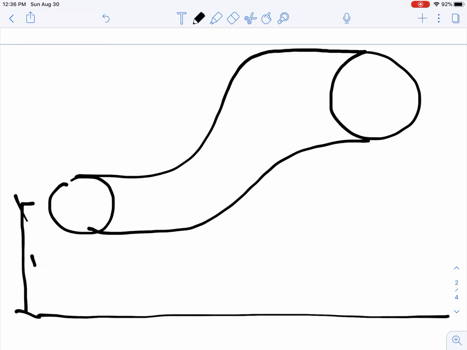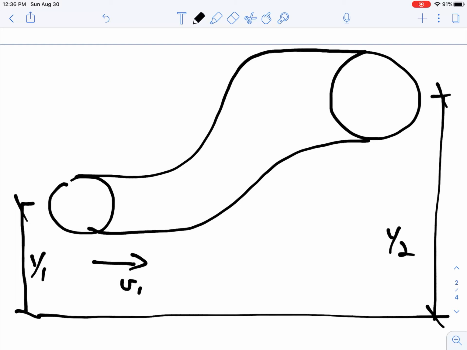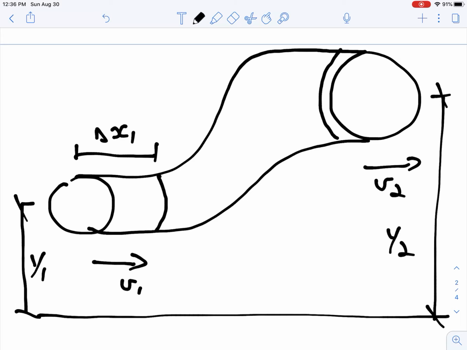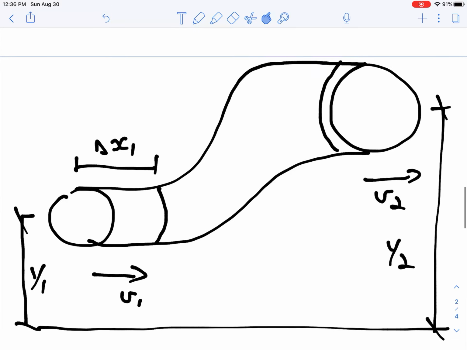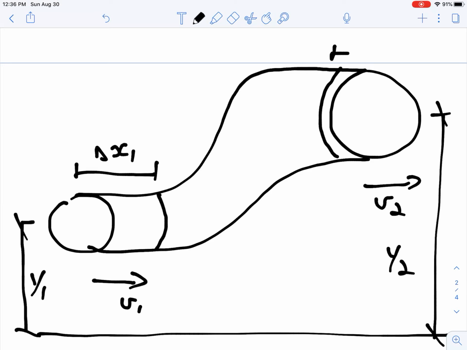Let's call this height y1. Let's call that height y2. Let's say we're going to have fluid with velocity 1 there, and the fluid is going to come out this side with velocity 2. Let's have displacement 1. And remember, we have a much smaller displacement over here, so we'll have displacement 2 right there.